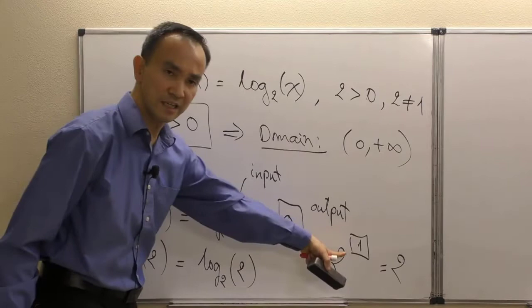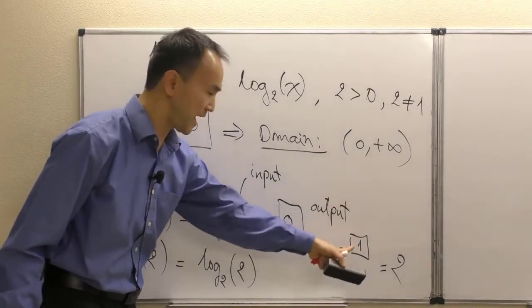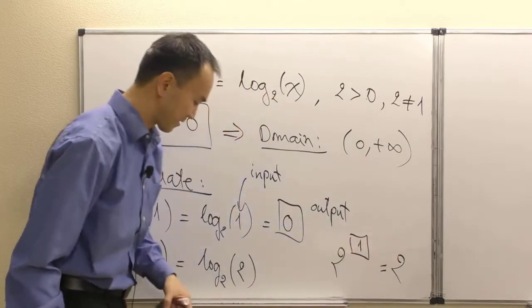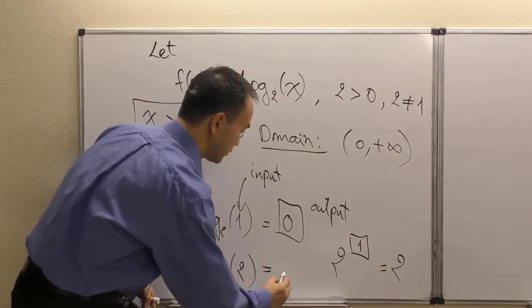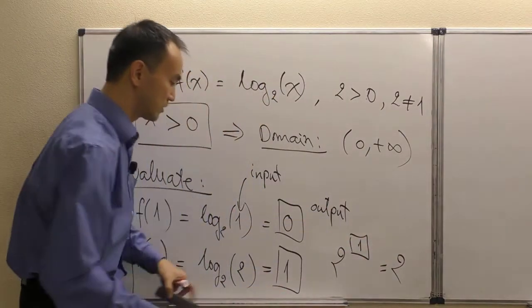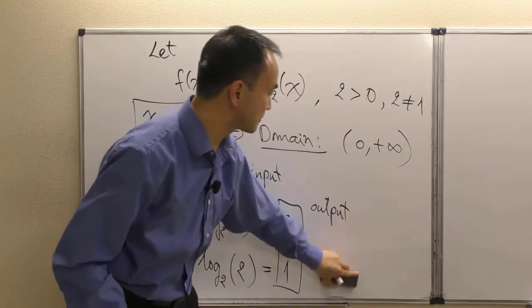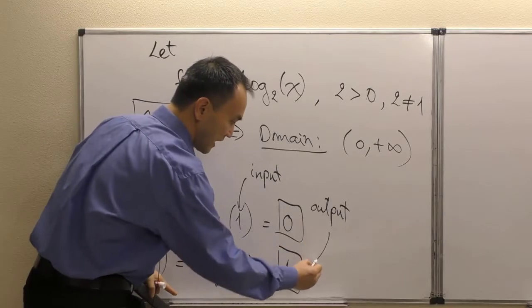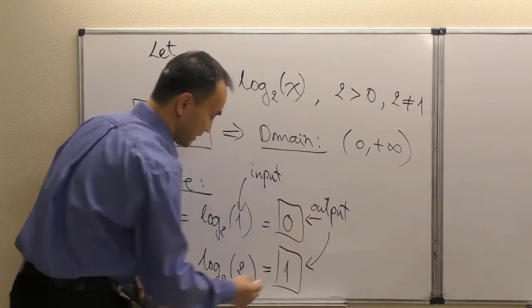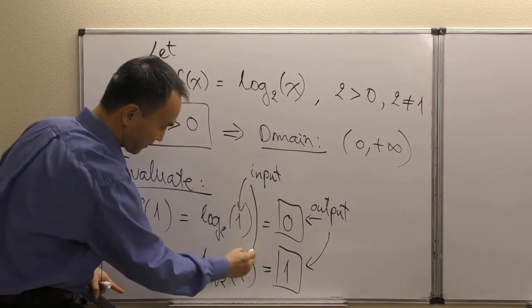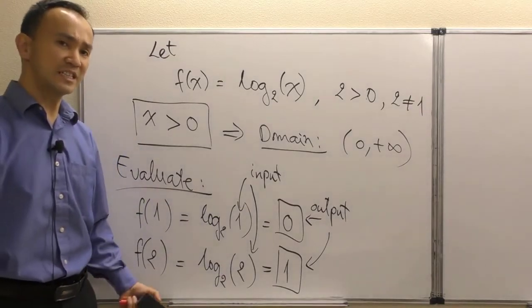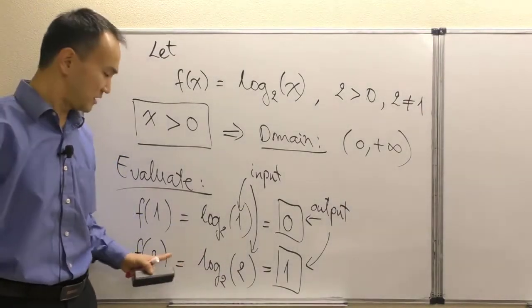In another way of saying it, power 1 of base 2 equals 2. And so the answer to this is 1. Now this number that I put in the box is the output, and this is the input. We can continue with a few more different inputs.